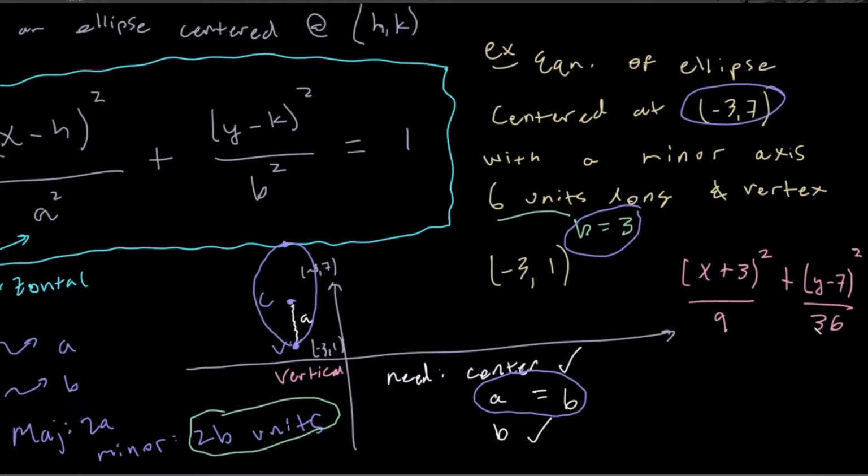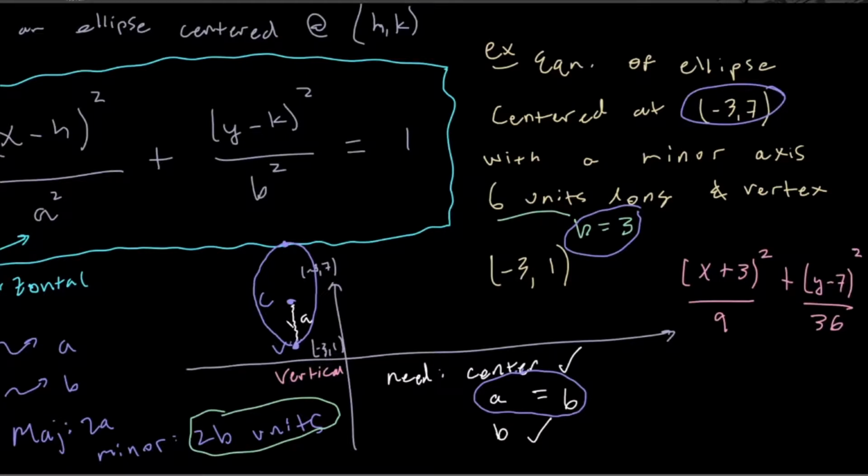The reason I know A goes with Y is that the bigger denominator has to agree with the orientation. And I know this is vertically oriented because the vertices are above and below the center. If they were left and right of the center, I would know it's horizontally oriented.